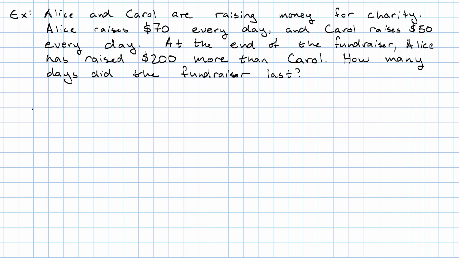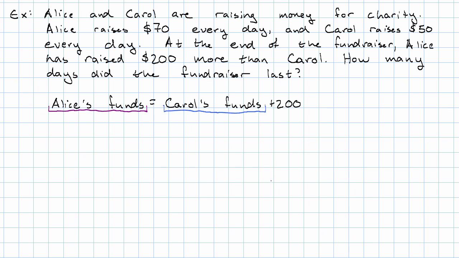In this story, we are told that the money that Alice raised is $200 more than the money that Carol raised. So the money that Alice raised is the money that Carol raised plus $200. We have to write an expression for the money that Alice raised and also an expression for the money that Carol raised.